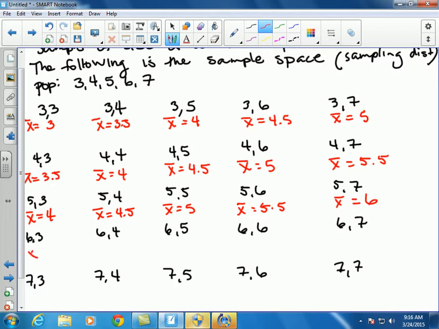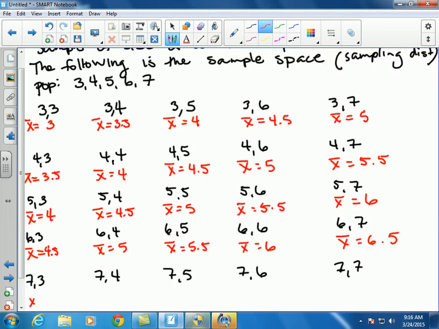Keep going. The average of 6 and 3 is 4.5. The average of 6 and 4 is 5. The average of 6 and 5 is 5.5. The average of 6 and 6 is 6. The average of 6 and 7 is 6.5.